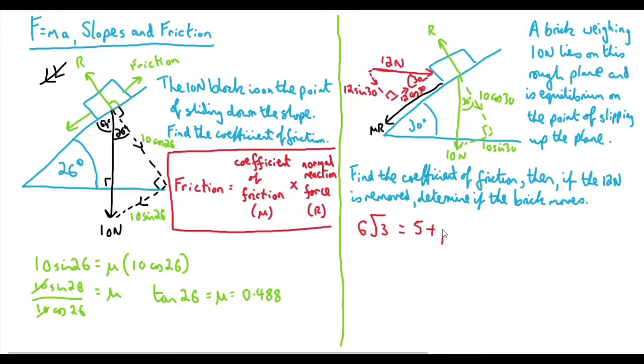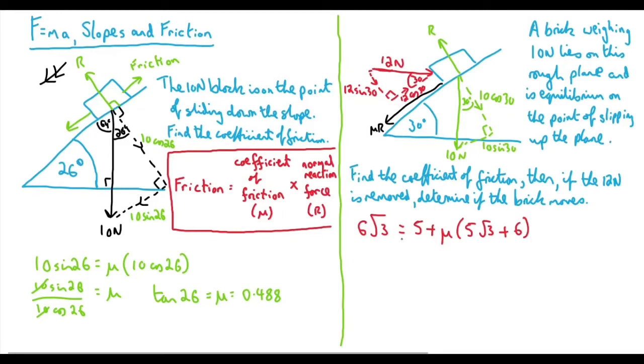So we're going to have our mu, for a coefficient that we don't know, times the sum of 10 cos 30, which, if cos 30 is root 3 over 2, will be 5 root 3. And then we'll add to that the 12 sine 30. Sine 30 is a half, so 12 times a half is 6.